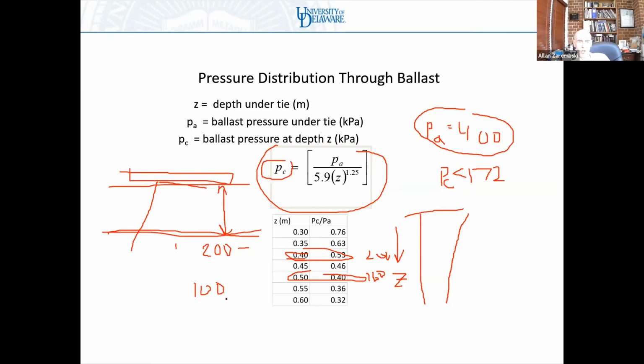If my allowable pressure for my subgrade is 100, then I need more than 0.6 meters of ballast. I probably need closer to about 0.65 or 0.7 meters. We can solve exactly in this formula, but you can see here, this would be about 120. So 0.6 meters of ballast is not enough if my subgrade can only take 100.